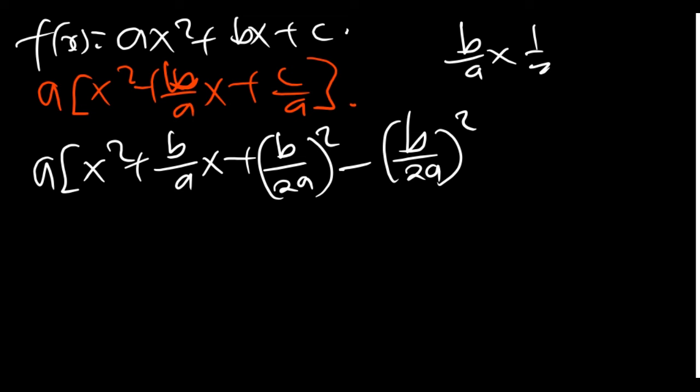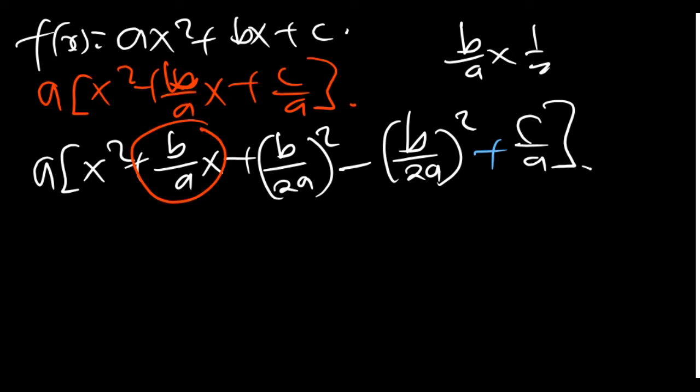The reason why I'm doing this is that if I do this minus this, I'll go back to my original equation. Then I put plus c over a. What I'm going to do here is ignore this.